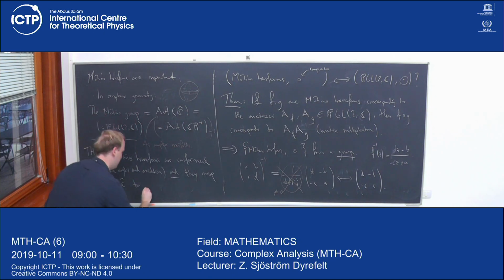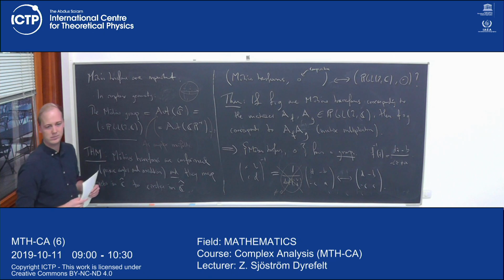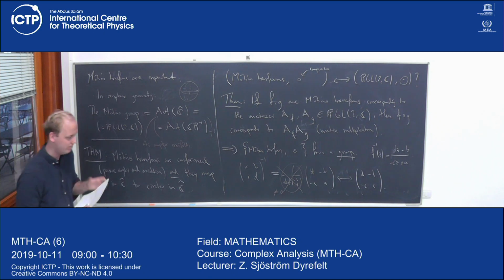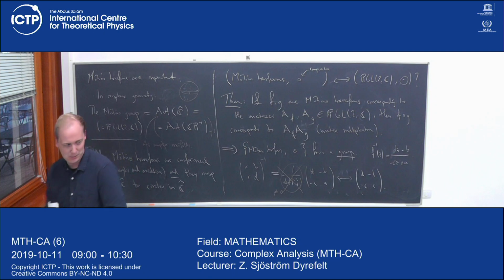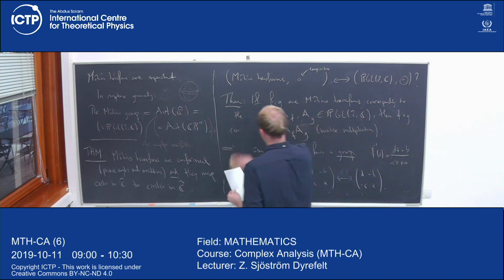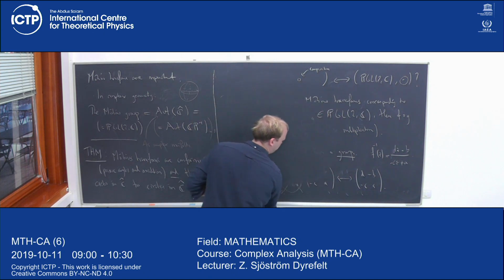We map these things to circles in C hat. So we map circles to circles in the extended complex plane. Okay? This is a very important theorem for understanding what Möbius transforms are about.